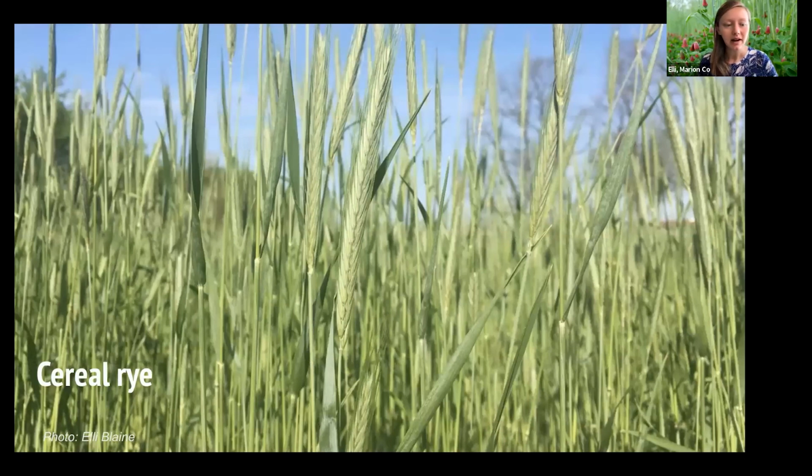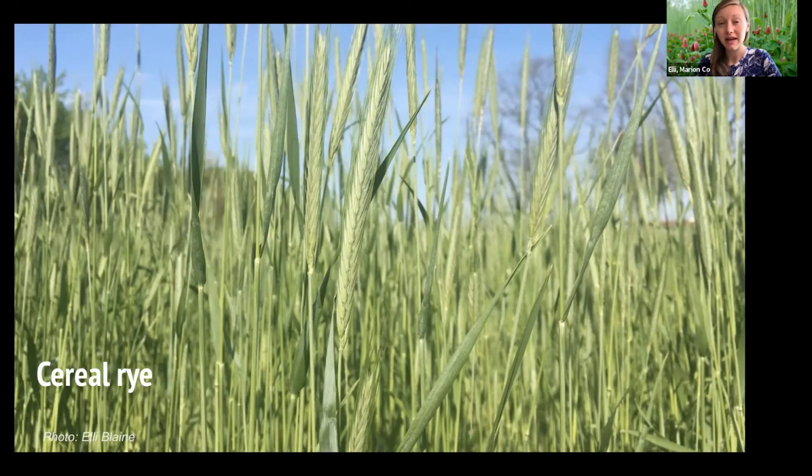And then we have cereal rye, which is a species that is also winter survival and gives us a little bit more of a window in the fall. You can typically plant it up until early November, sometimes mid-November. Depending on your harvesting, that gives you more of a window to get it planted, and it also produces a lot of spring biomass if it's allowed to go to full stage, but can have many beneficial effects too if you tarp it or terminate it early as well.